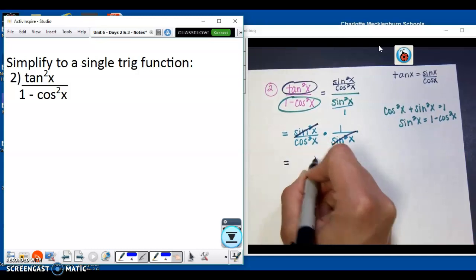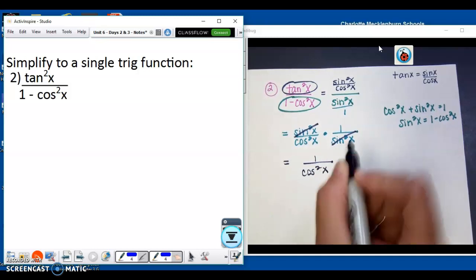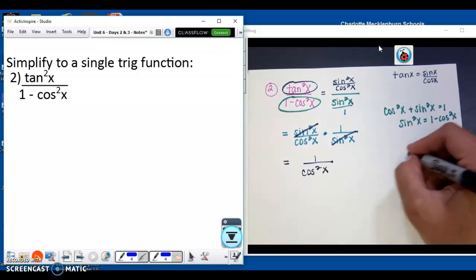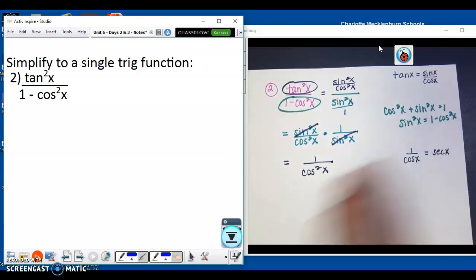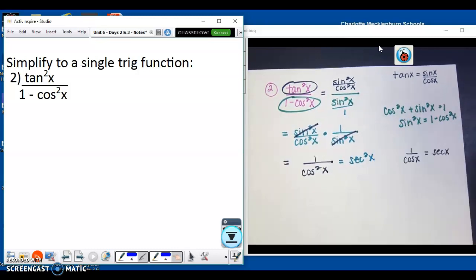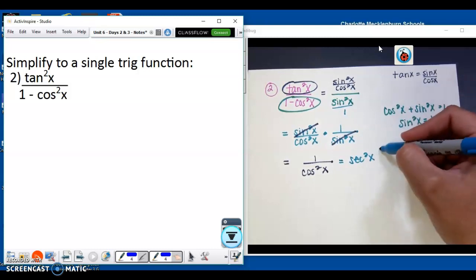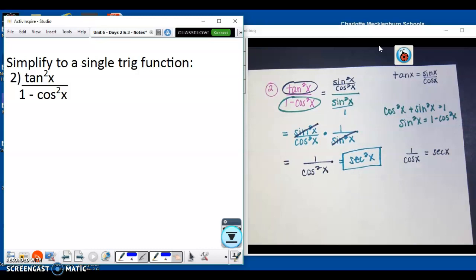We're left with 1 in the numerator over cosine squared x. Remember, 1 over cosine is secant x, one of those reciprocal trig functions. Because it has a square, this turns into secant squared x. We've gotten this to a single trig function, which is what they asked for. So the answer for number 2 is secant squared x.